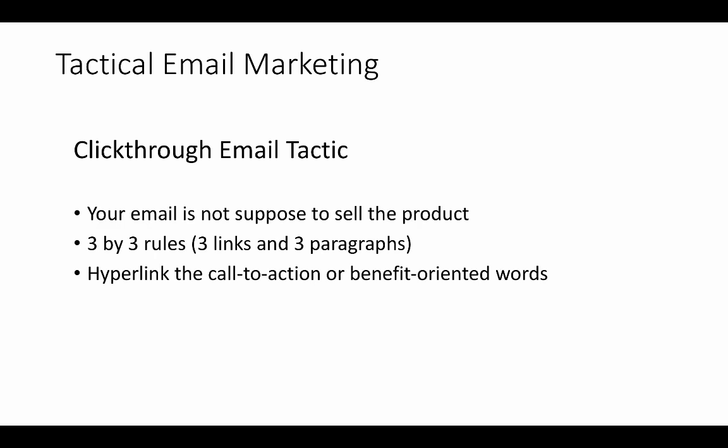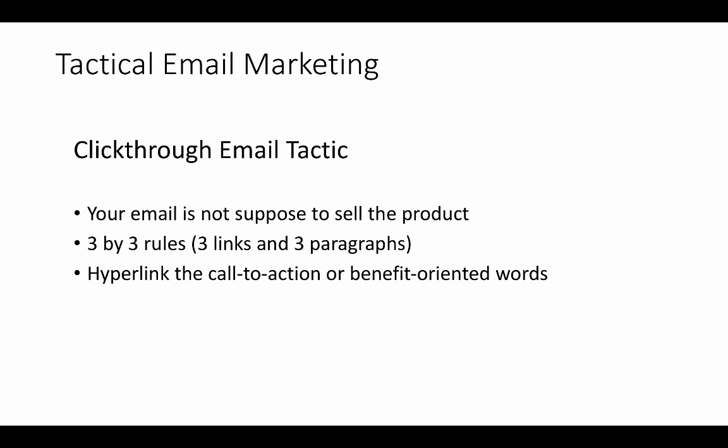Next, hyperlink the call to action or benefit oriented words. So you have 3 links in an email copy, but you do not need to have 3 so-called URLs in the email copy. Maybe you can just have 1 URL or 2 URLs, and another one is a hyperlink of the text. So for instance, let's say you have the text called order now.